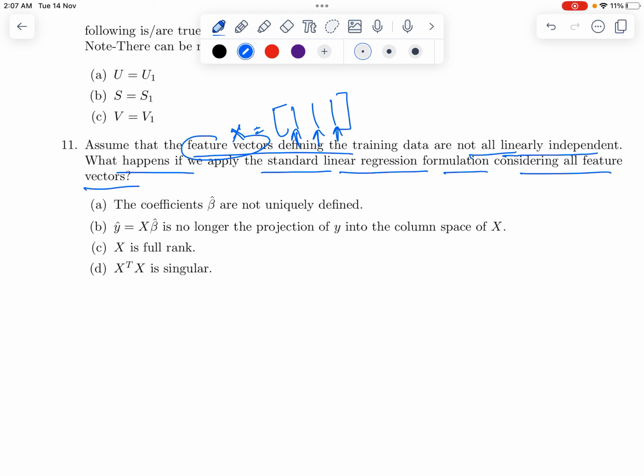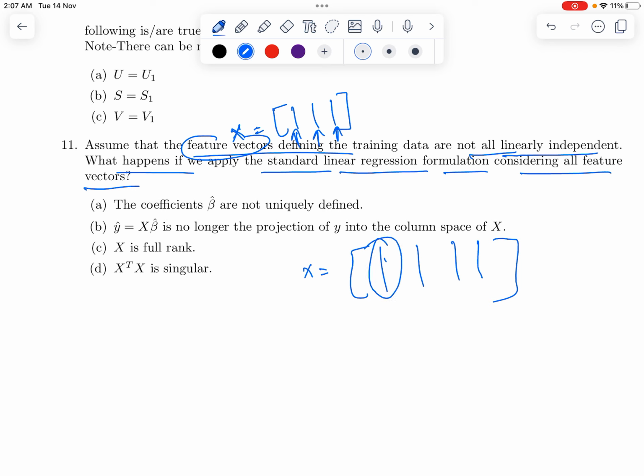So what we are saying is, in the feature matrix X, we have maybe some row or some column that depends on another column or row.